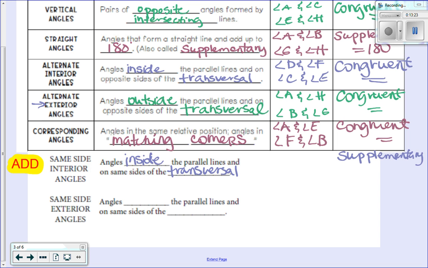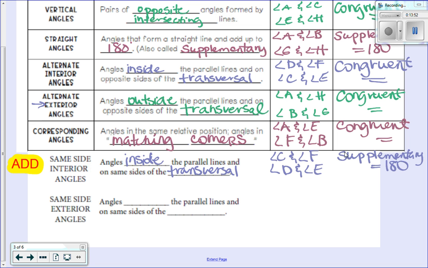So we're going to add both of those angles up, and they are going to equal 180 degrees. And the two angles we talked about, angle C and angle F, are they on the same side, interior? And angle D and angle E.